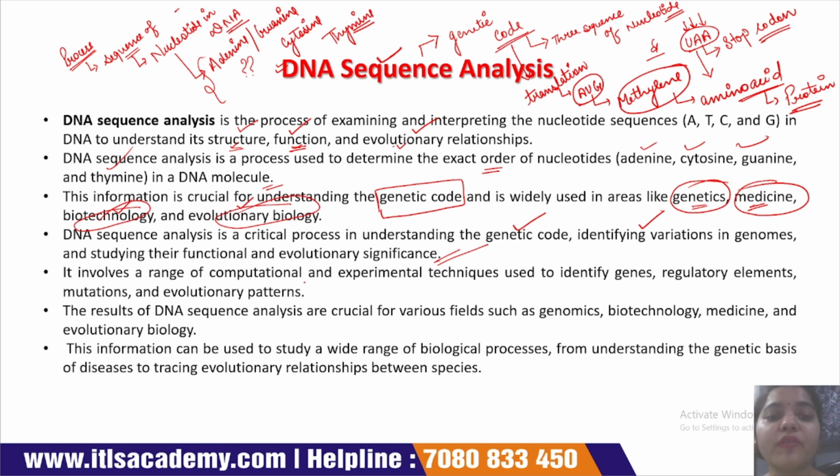It involves a range of computational and experimental techniques used to identify genes, regulatory elements, mutations, and evolutionary patterns. The results are crucial for genomics, biotechnology, medicine, evolutionary biology, life science, etc. This information can be used to study a wide range of biological processes, to understand the genetic basis of disease, and to track the evolutionary relationship between species.